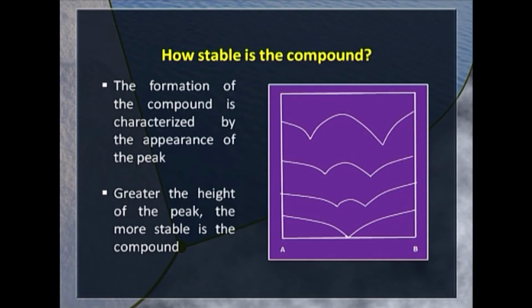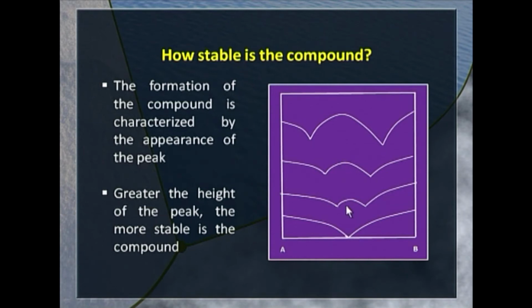How stable are the compounds that are formed? How do you get an idea? The appearance of the compound in the system is marked by the appearance of a maximum here, a peak. You have seen in the case of MgZn₂, the peak is quite high, but if the compound is not that stable, the height of the peak will be smaller.